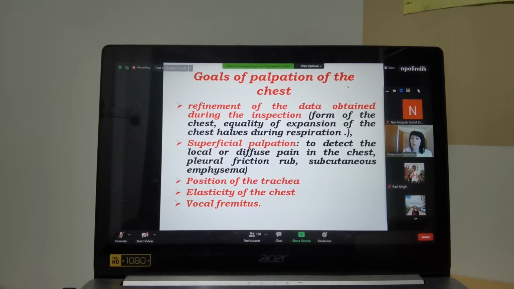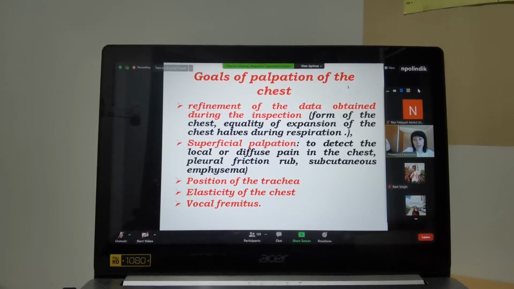After that, superficial palpation. By superficial palpation of the anterior surface, posterior surface, ribs, and intercostal spaces, you can detect diffuse or local pain or tenderness in the chest. Sometimes by palpation a pleural friction rub can be detected. It may be so rough.